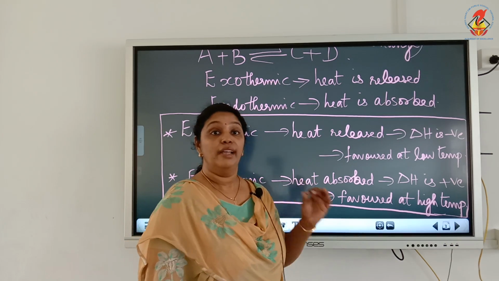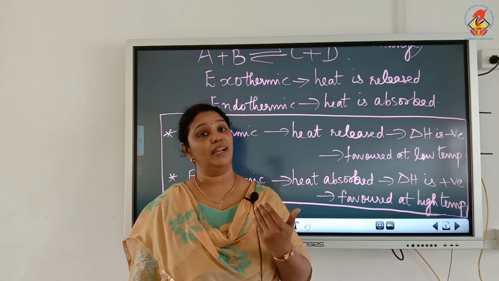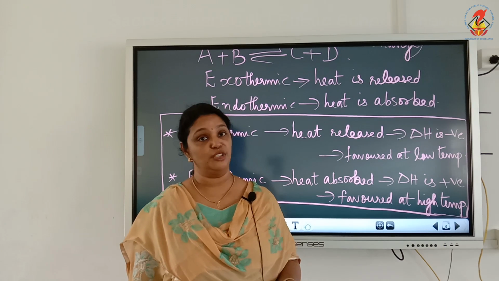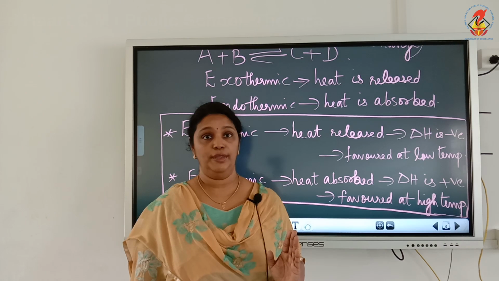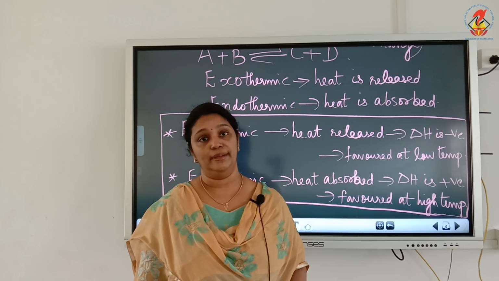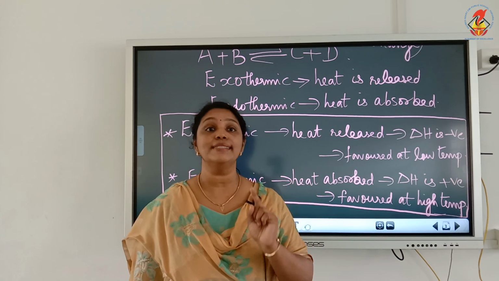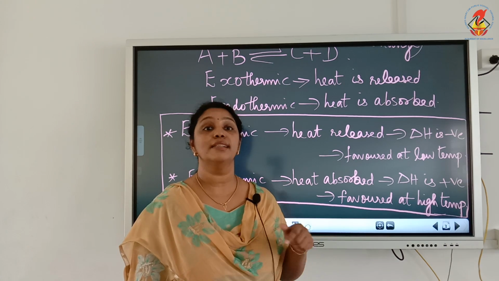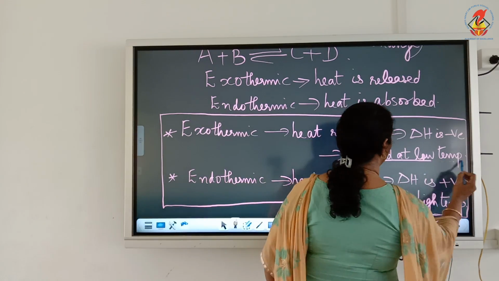So for an equilibrium reaction, if the forward reaction is exothermic, the backward reaction is endothermic, and if the forward reaction is endothermic, the backward reaction will be exothermic. If you look at the sign of delta H, you can predict whether the forward reaction is exothermic or endothermic. If the delta H value is negative, then the forward reaction is exothermic. Exothermic reactions release heat and are favored at low temperature.